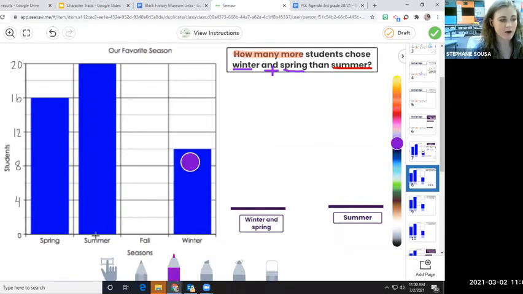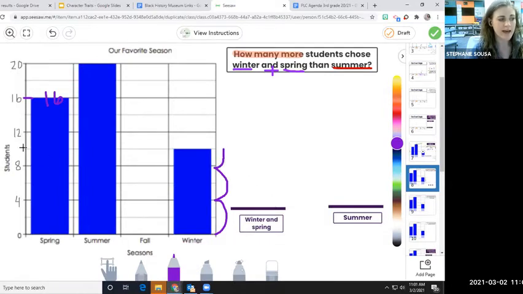So let's check it out. Miss Renalea already showed us spring is at 16. I can see that on the graph because it's right next to the 16. Now we've got to count winter. My scale is going by 4s. So I know that I have 4, 8, but I can't go all the way up to the next hop.